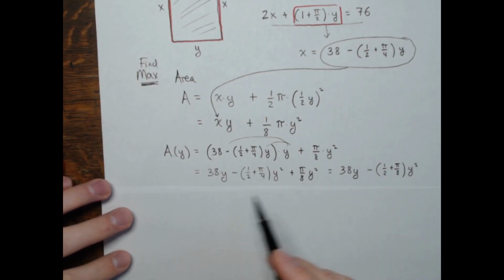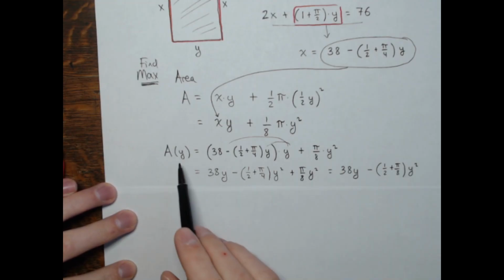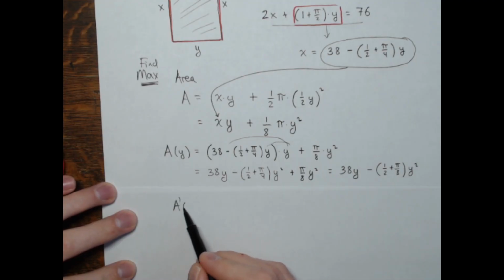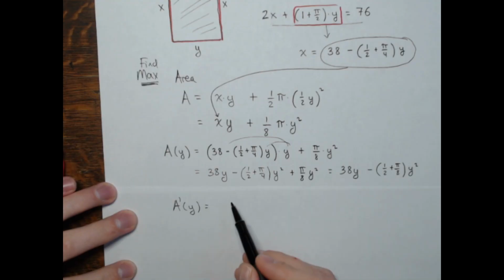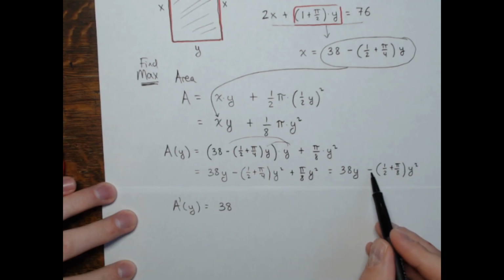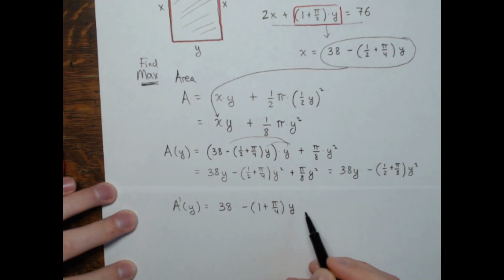But again, I'm going to go to Desmos and enter this, and I'll use x instead of y. But just remember, the y prime would be 38, and then power rule here. So minus, and when I double this, it would just be 1 plus pi over 4, double each of those, times y. And when is this equal to 0?